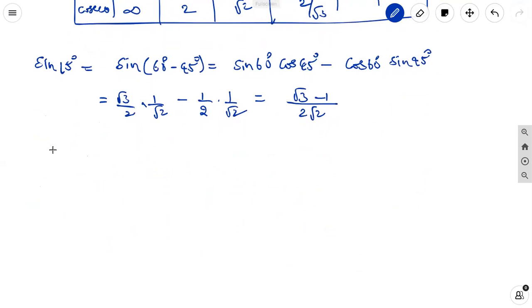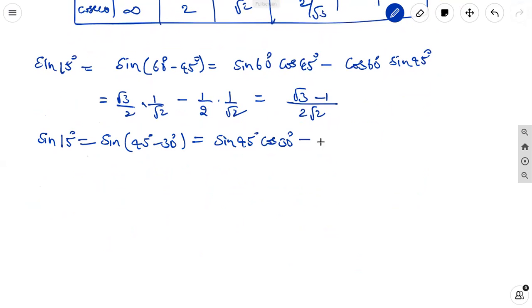And one more doubt is there, if we choose 45 and 30. Again, sine 15 is equal to sine of 45 degrees minus 30 degrees. It is equal to sine 45 cos 30 degrees minus cos 45 sine 30 degrees.